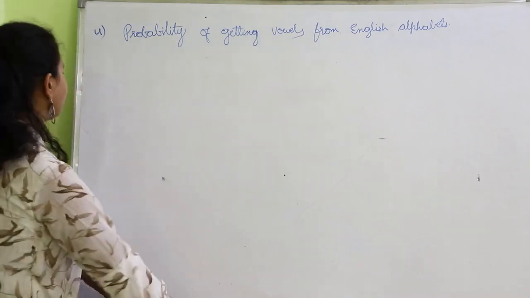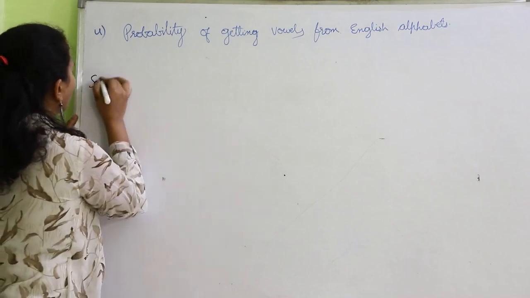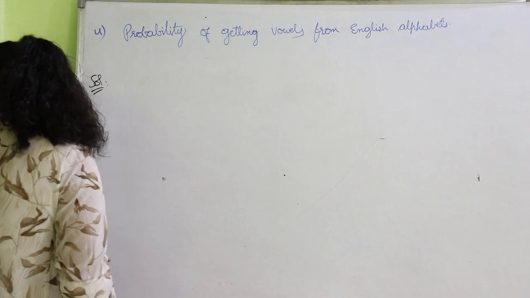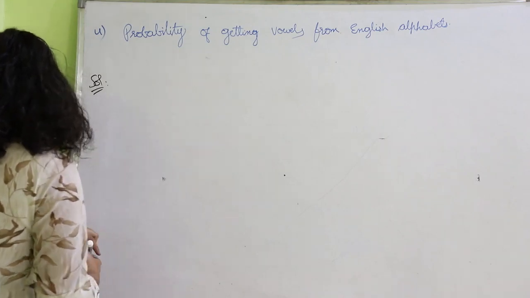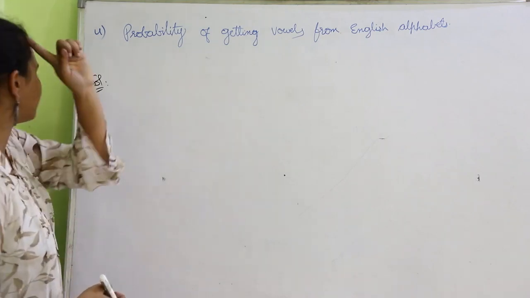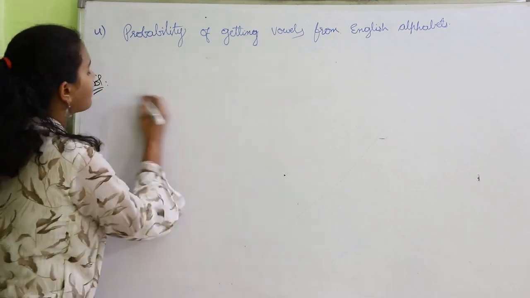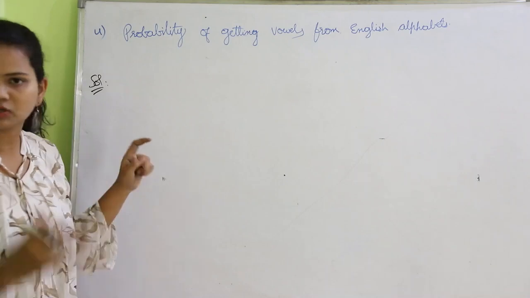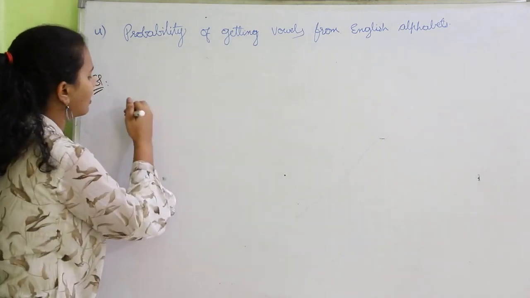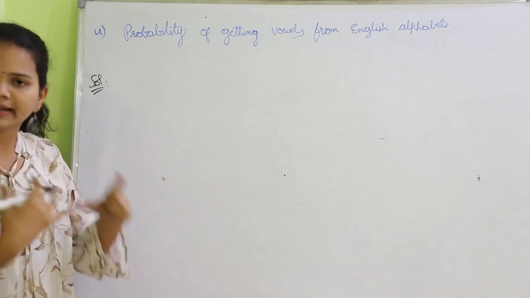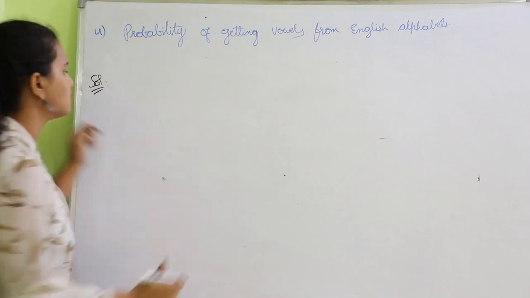So the solution will be the probability of getting a vowel from the English alphabet, which is chosen randomly. Here you take the total favorable outcomes by the total number of possible outcomes.